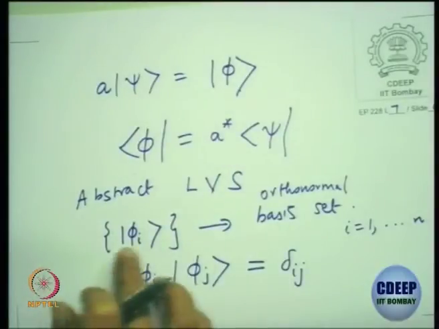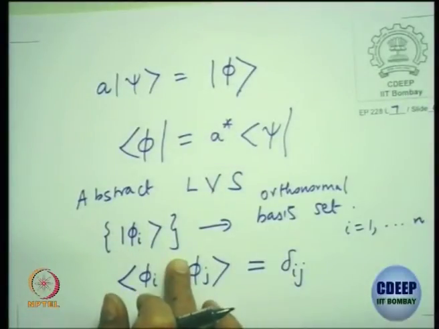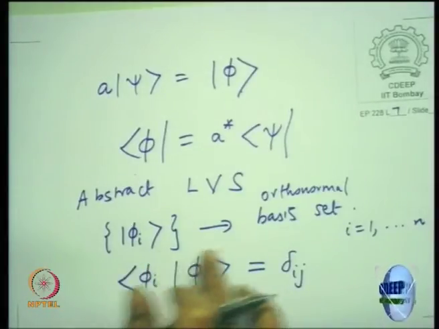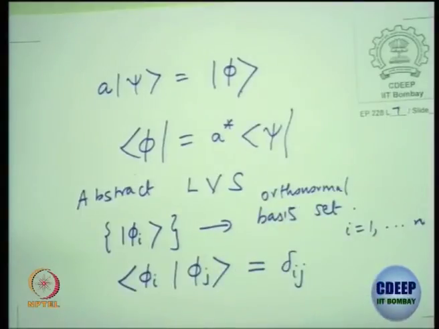If n is finite, then it is an n dimensional vector space, or you can have an infinite dimensional vector space. Here we have taken it to be a discretized index, there could also be a continuum. So many possibilities are there.